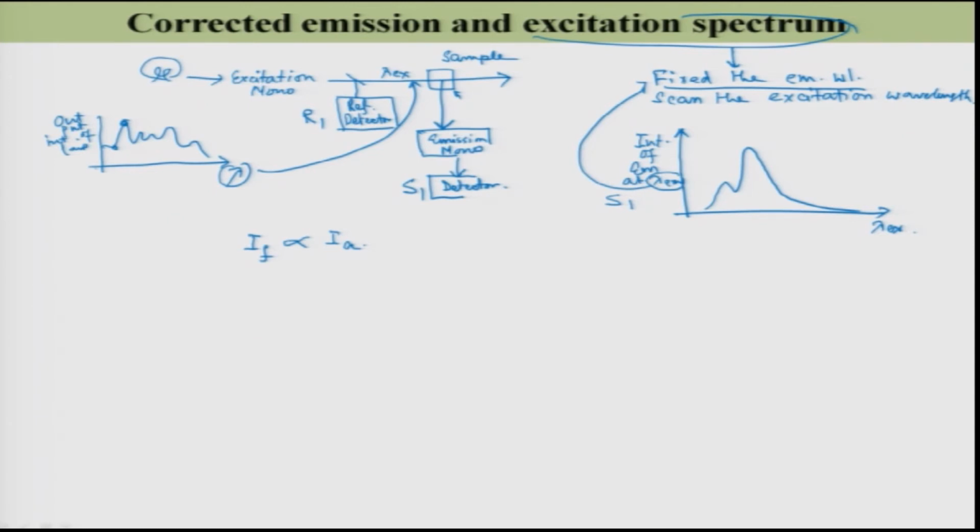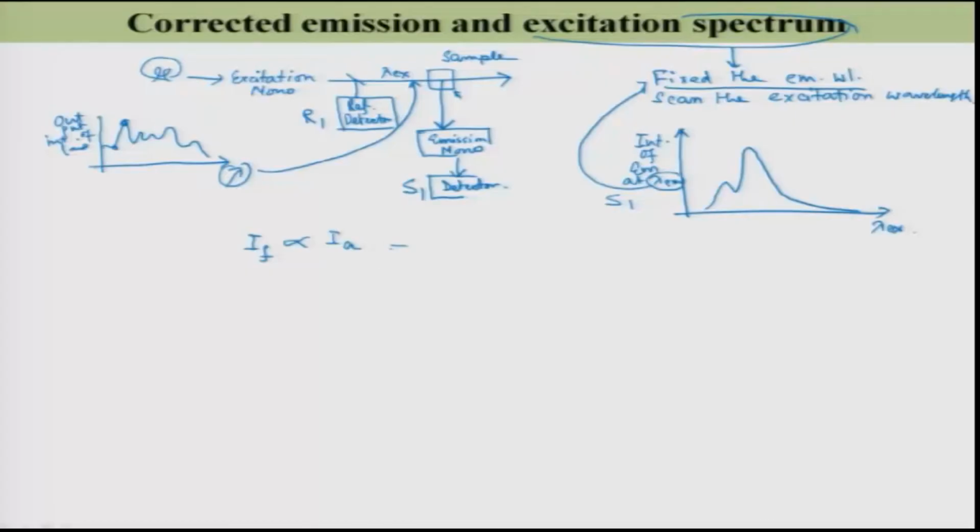What is the rate of radiative transition over the total rate constant, over the rate of absorption. If quantum yield is 1, it is just directly proportional, whatever molecules you have excited, everything will come back to the ground state by emission of radiation. If it is not, then some other factor will come. So, simply this is going to be IF is equal to phi f into IA.